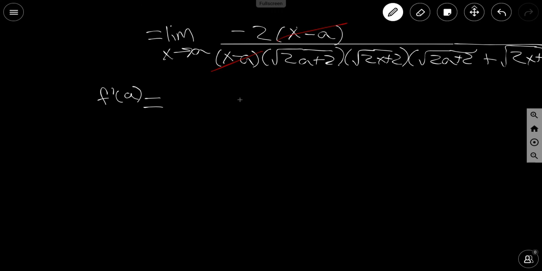So doing so, I'll rewrite a where there's x in every term.